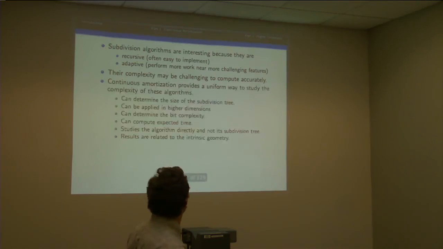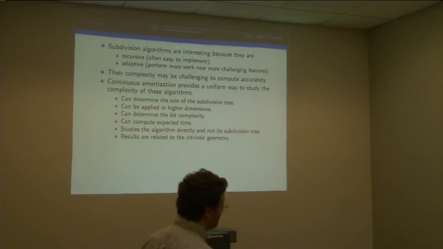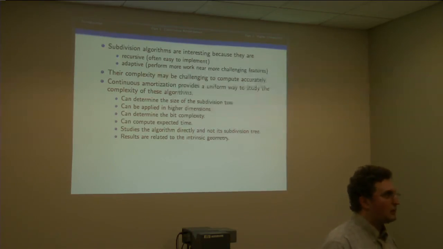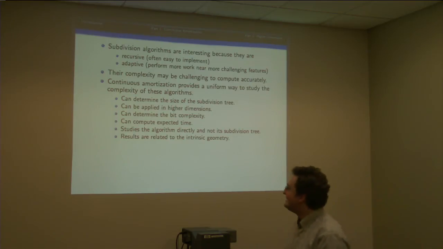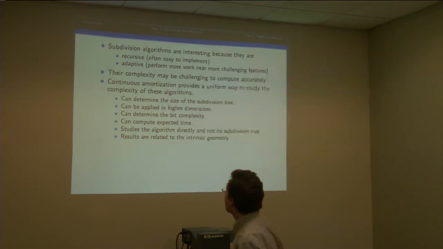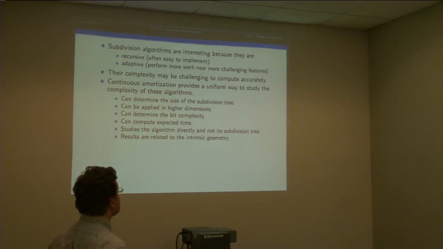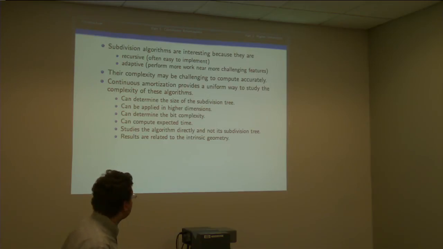What I've been presenting, continuous amortization, is a uniform way, it applies to all, I'll say as a mathematician, it quantifies many different subdivision type algorithms. It can be used to calculate all sorts of things about these algorithms, like the size of the subdivision tree. We've seen it works in higher dimensions, it works for bit complexity, and I mentioned how it works for expected values.